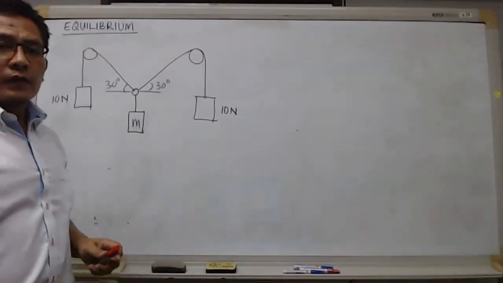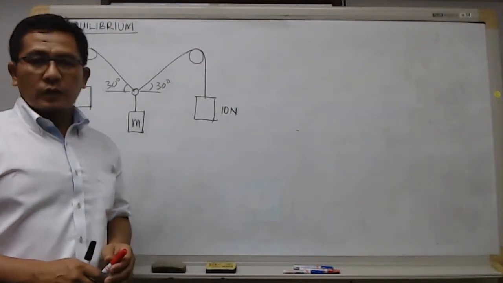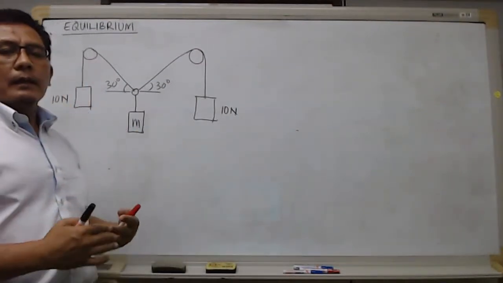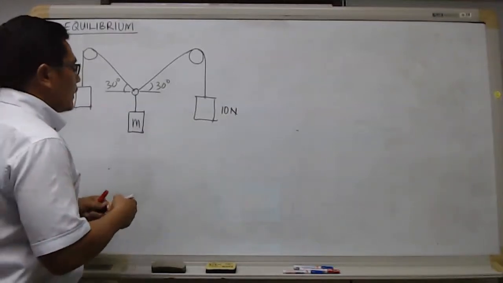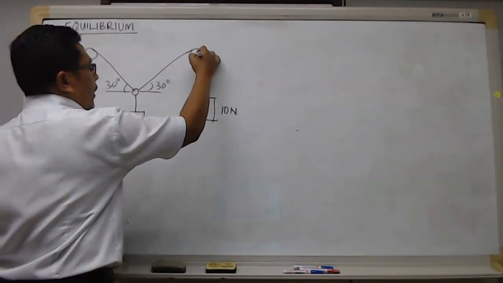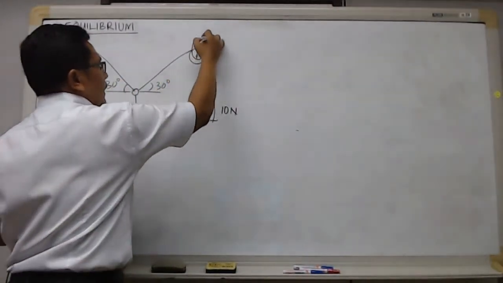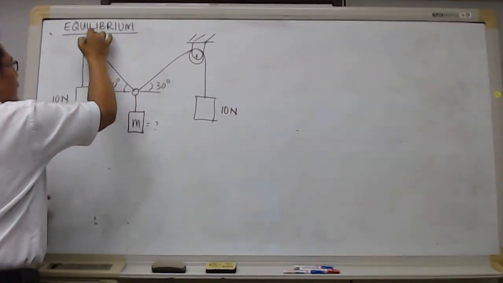Okay, before we go further into the 3D equilibrium and before we go into the rigid body equilibrium, let's go back a bit to the particle equilibrium. Imagine in this situation you are hanging a mass of unknown weight on 2 pulleys. Of course, the pulley is hung on the floor or on the ceiling with a pin.